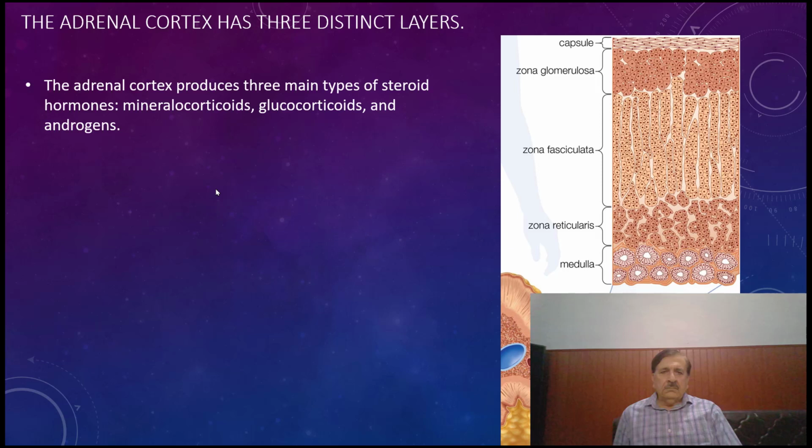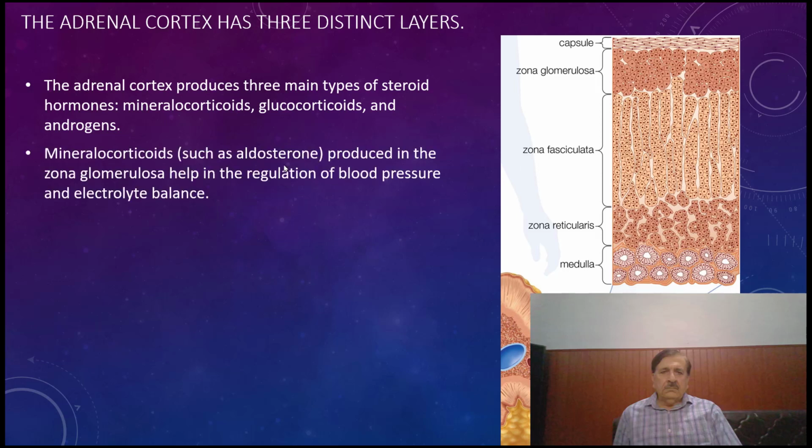The adrenal cortex produces three main types of steroid hormone, which are mineralocorticoid, glucocorticoid, and androgen. Mineralocorticoids such as aldosterone, produced in the zona glomerulosa, help in the regulation of blood pressure and electrolyte balance. It acts on the kidney.